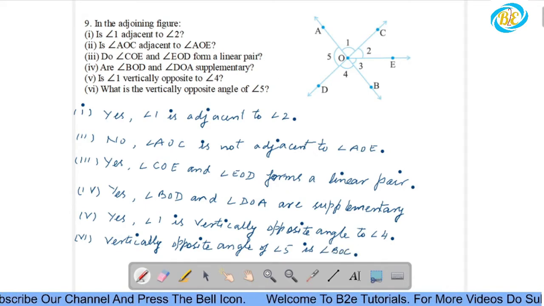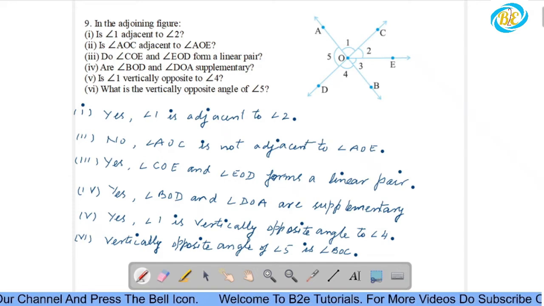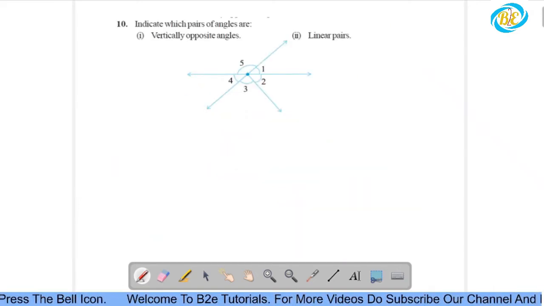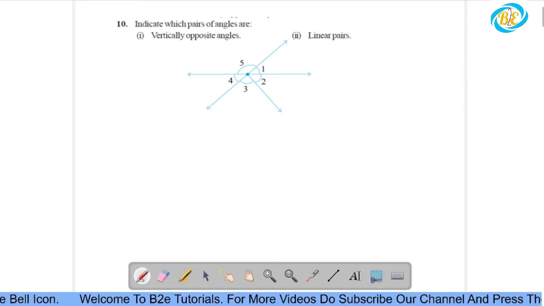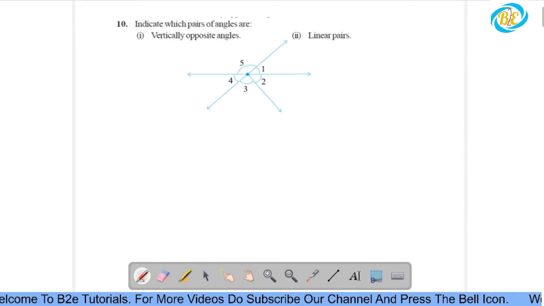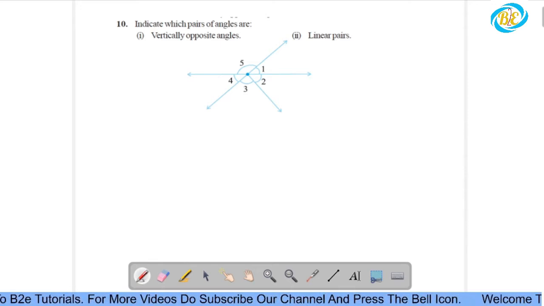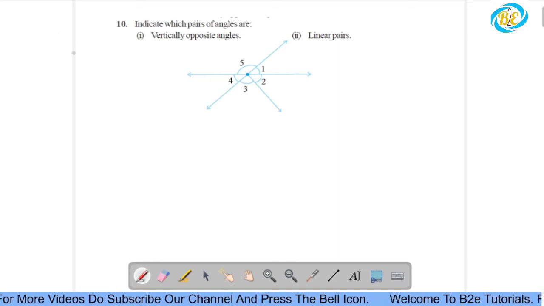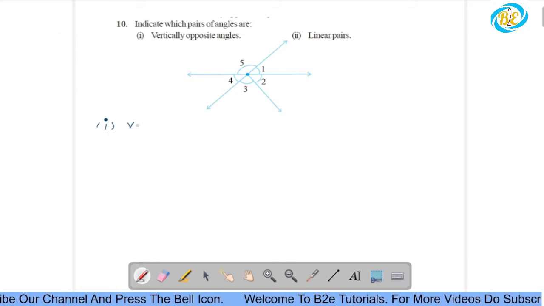Now come to next. Question number 10. Indicate which pairs of angles are vertically opposite angles. First part is vertically opposite angles.